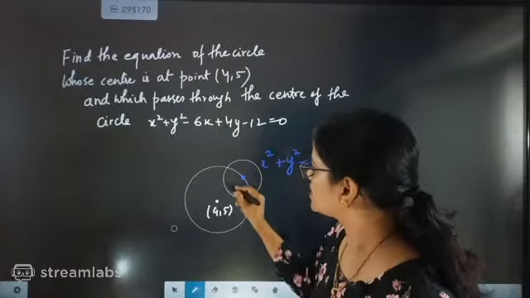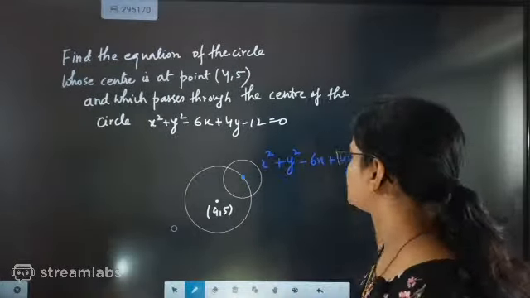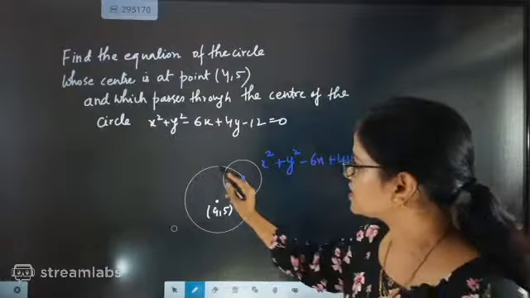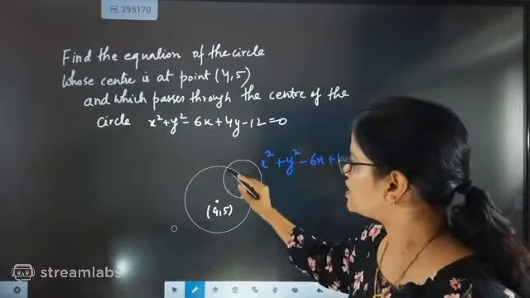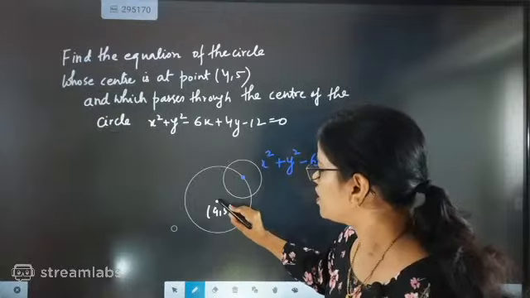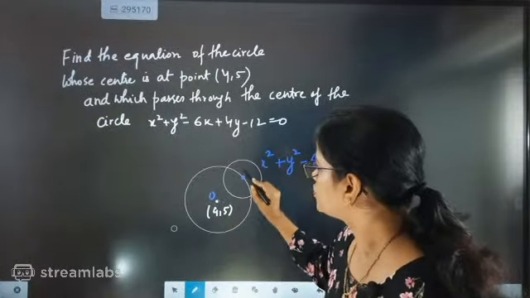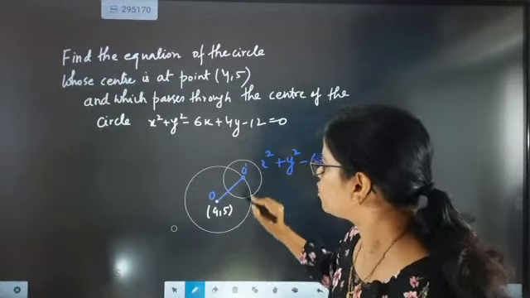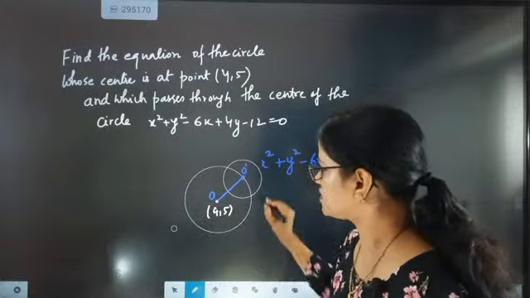That means, beta, the equation of this circle is given, but this circle is exactly touching the other circle at its center. The most important point here is that from this center O to this center O dash, O dash is the radius of this circle.